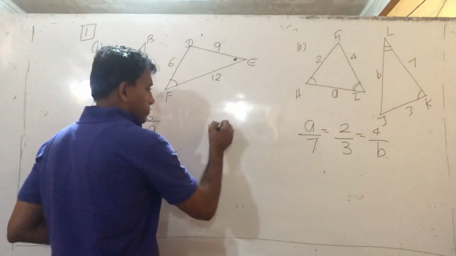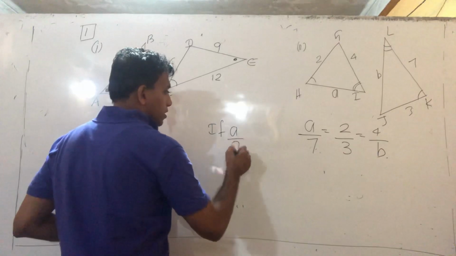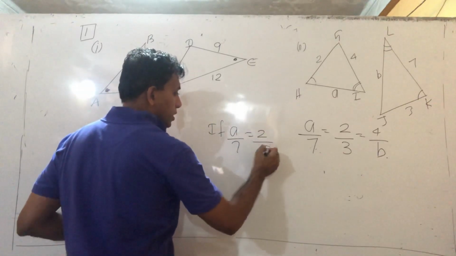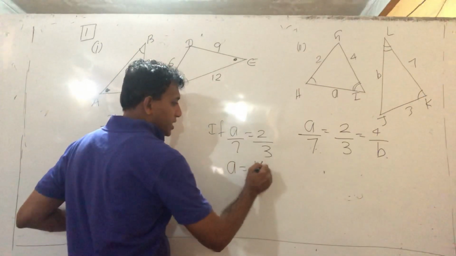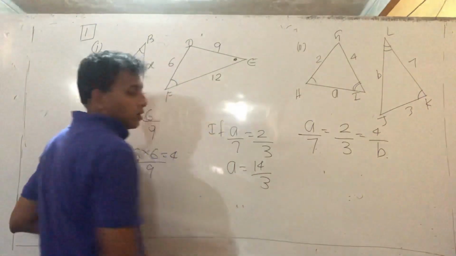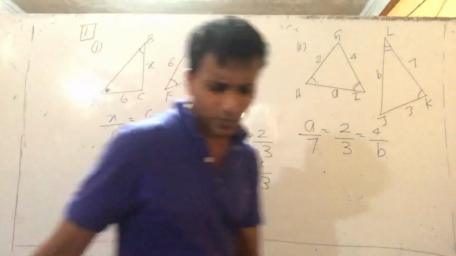So if A over 7 is equal to 2 over 3, cross multiply: 14 divided by 3, you get the answer. That's the value. Collect that answer, right?